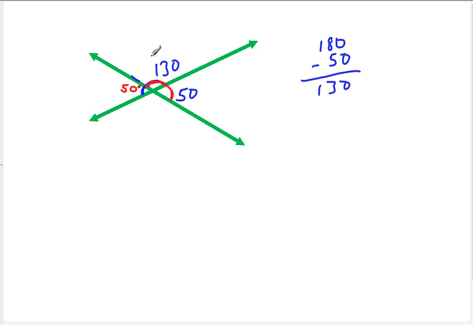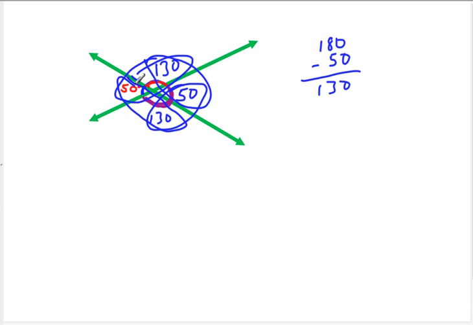And we know that this from here to here, so the purple now, is supplementary, right? That's going to be 180. So that means this angle here has to be 130 because we have 180, we have 180, we have 180, and we have 180. Now we got a messed up picture.